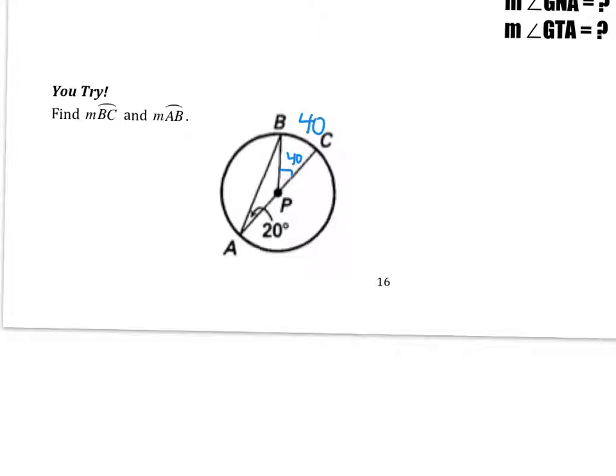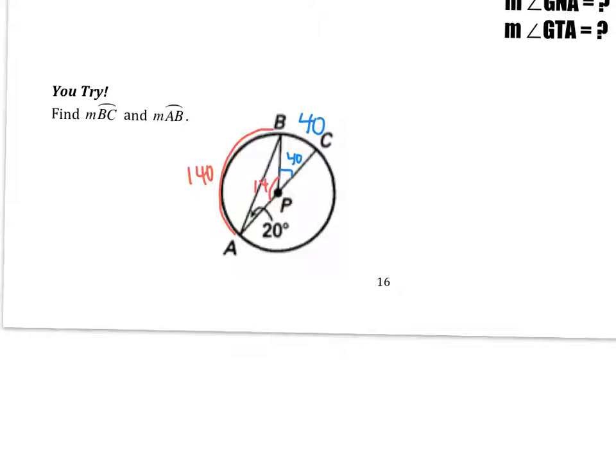It does ask for arc AB. What is it? 140. Now, if I ask for the measure of angle BPA, what would you say?